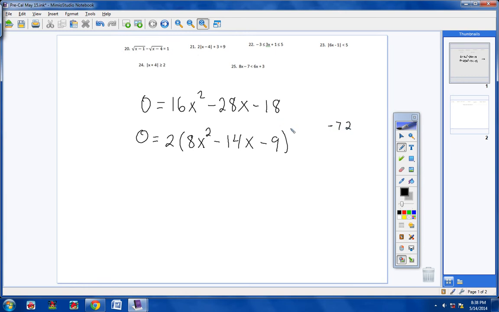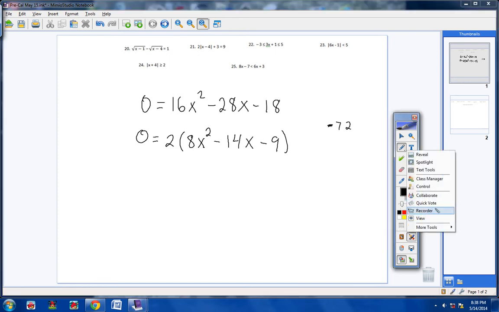Now, I'm trying to think of two numbers that when multiplied together would give me negative 72, and it might not be possible, but I'm thinking here. Let's see, 6 times 12 would be 72, 8 times 9 would be 72. Let's see here. I don't think it's going to be possible.